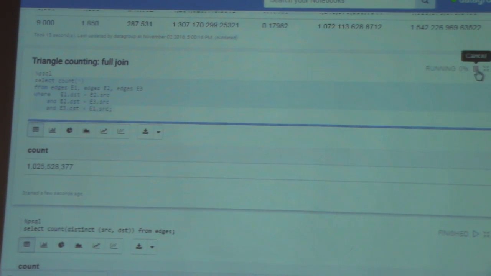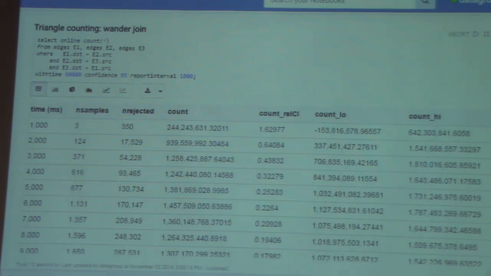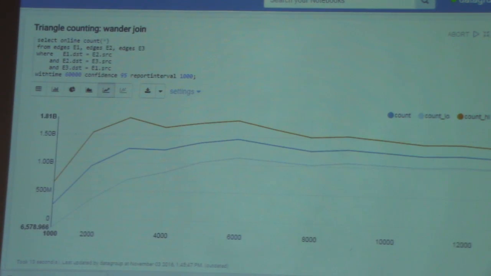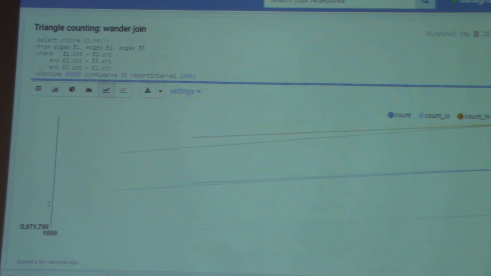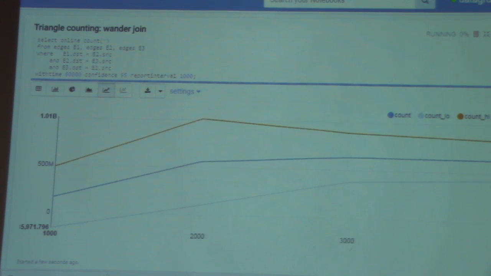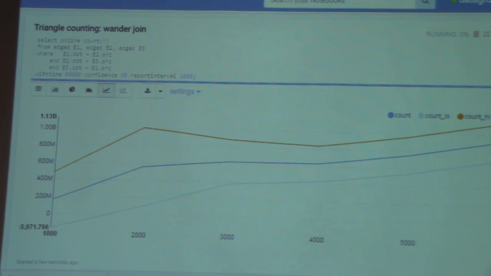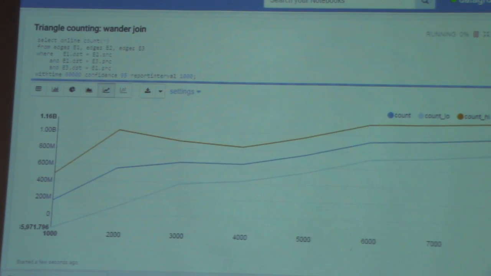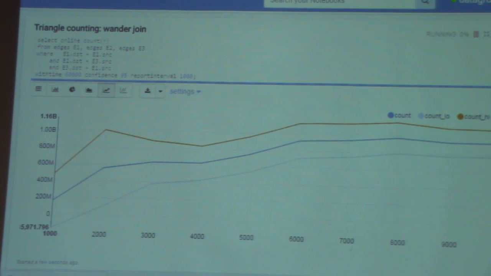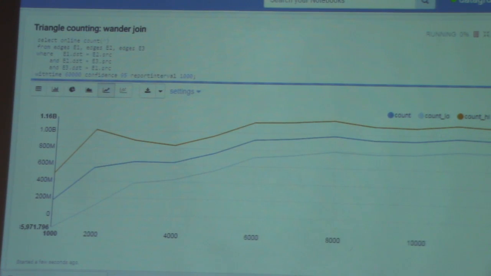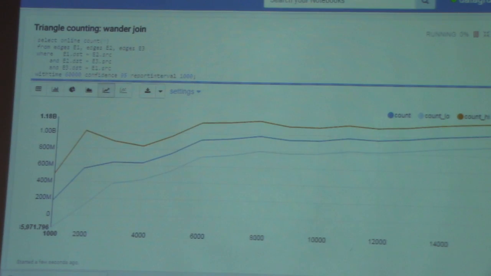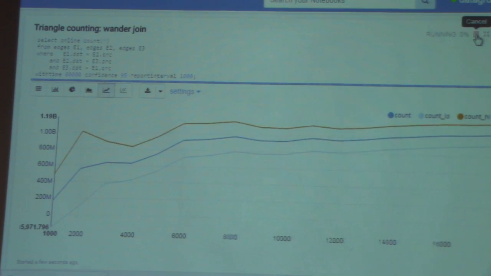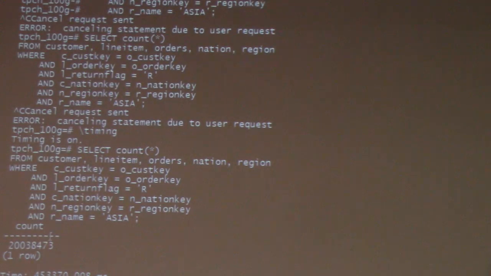So now Facebook, instead of waiting forever, can use this system to estimate how many mutual friends there are between three of them really quickly, in seconds, even with billions of users, and get the results back.